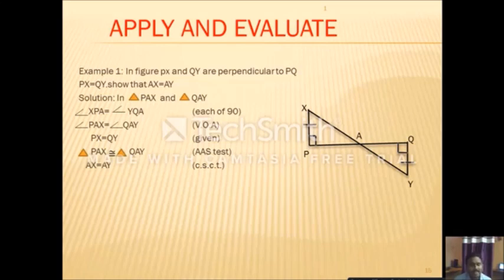Angle PAX and angle QAY are also congruent because vertically opposite angles. Segments PX and QY are congruent because given, and therefore by the AAS test triangle PAX is congruent to triangle QAY, and therefore by the property of corresponding sides of congruent triangles, side AX and side AY are congruent to each other.